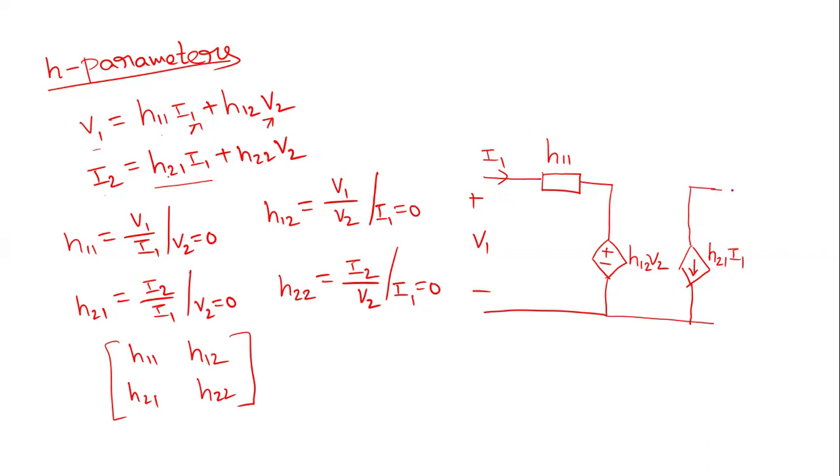And if you observe H22, this is an admittance value, I2 by V2. Admittance is represented in the parallel path. Here the output current and voltage are I2 and V2. So this is the circuit representation of hybrid parameters.